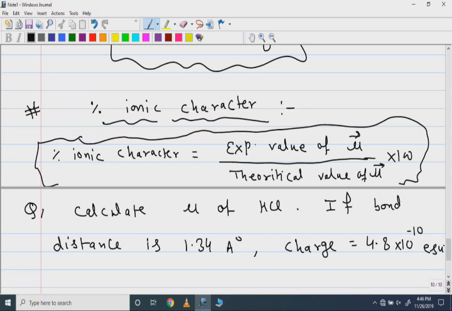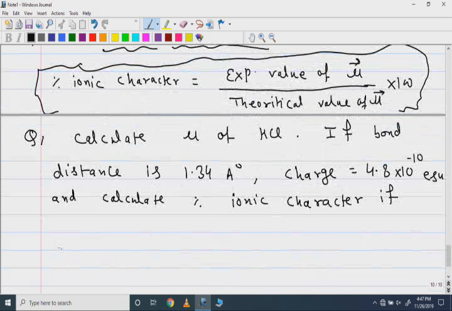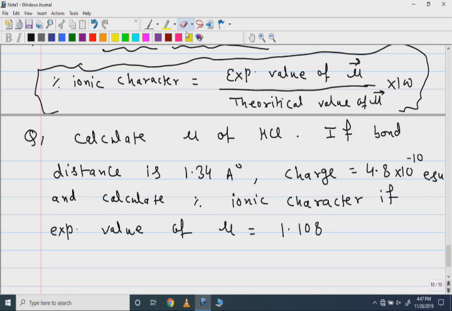I guess I have told you what ESU stands for. And calculate percentage ionic character if the experimental value of mu is 1.08 Debye.